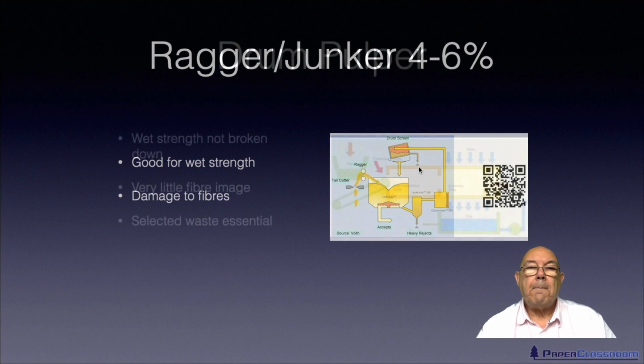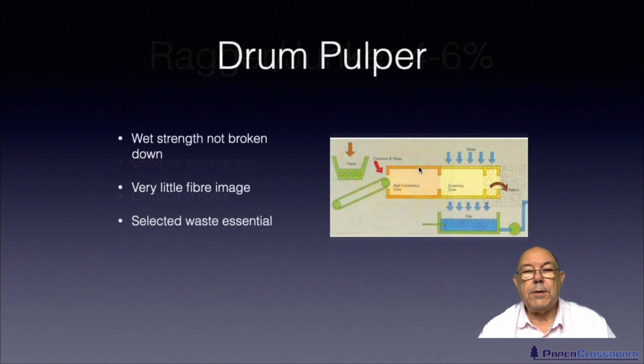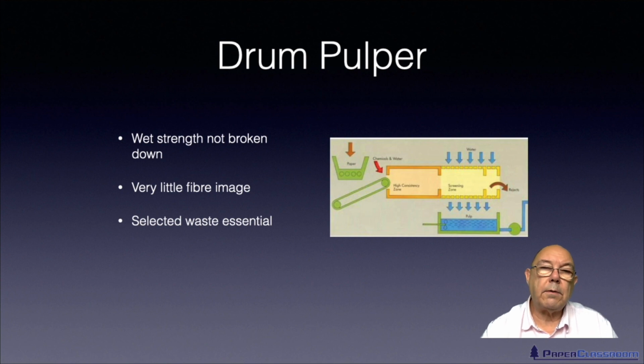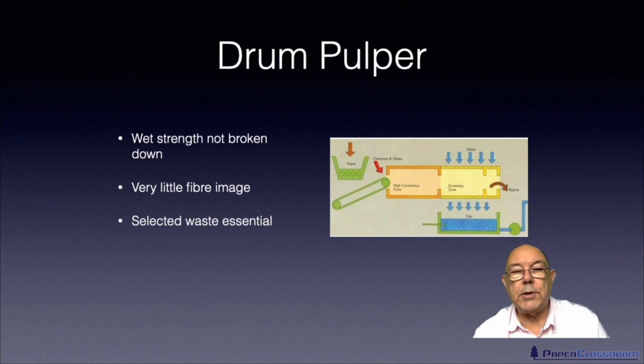And the final piece of kit that we might use for dispersing fibres is the drum pulper. Now this is the most gentle of all the pulpers. Because it's so gentle, you are going to retain all your fibre length. But because it's so gentle, you've got to be careful what you put in it.